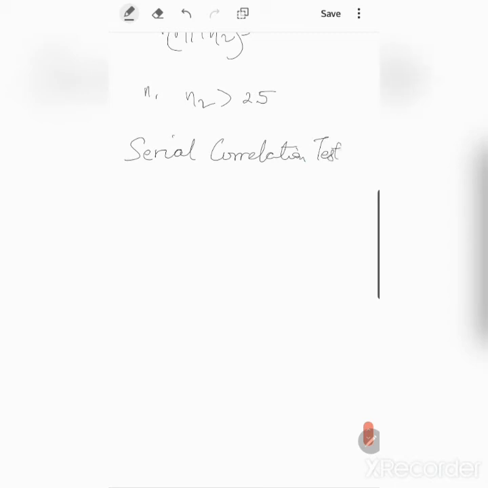Here, all I'm looking for in the serial correlation test is I take one time period lag. So if I have the data, let's say, Z1 to Z30, age group, let's say 21 to 50. So I'm taking a serial correlation. If I want a serial correlation, all I would take is a correlation with respect to Z1 to Z29.